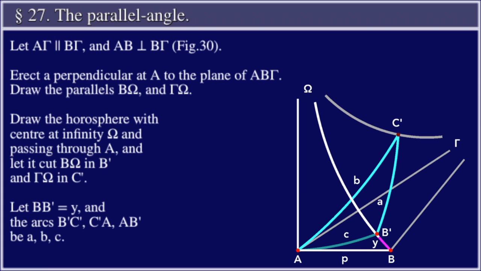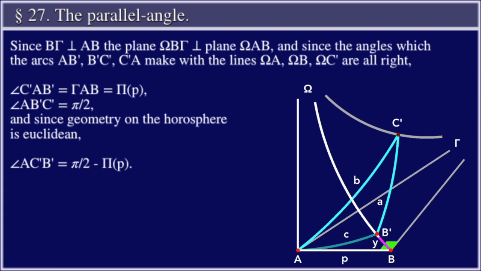Since Bγ is perpendicular to AB, the plane ωBγ is perpendicular to the plane ωAB. And since the angles which are the arcs AB', B'C', C'A make with the lines ωA, ωB, ωC' are all right, the angle C'AB' is equal to the angle γAB, which is equal to the parallel angle Π(p).